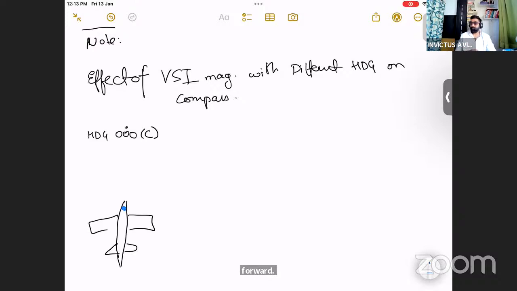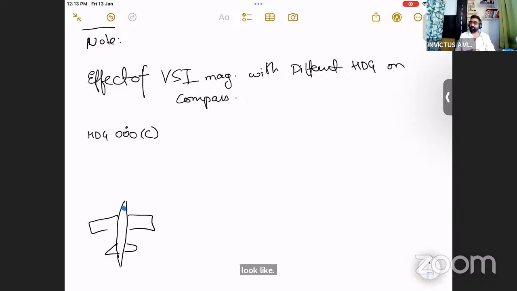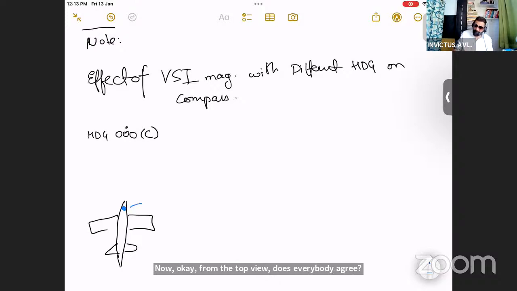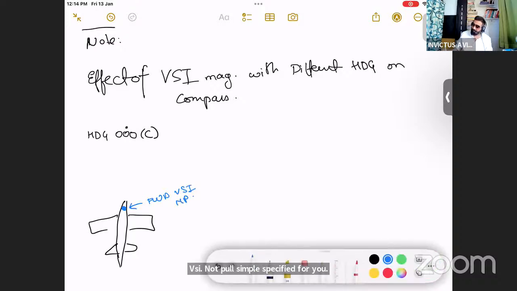This is how it will look like now. Okay, from the top view, does everybody agree? This is the forward VSI North Pole. Simple. Specified for you. This little dot. Now let's say this is my compass.